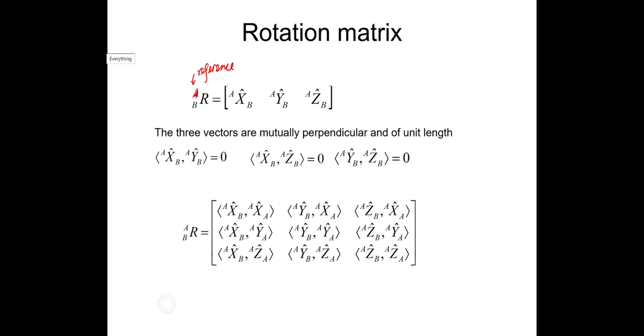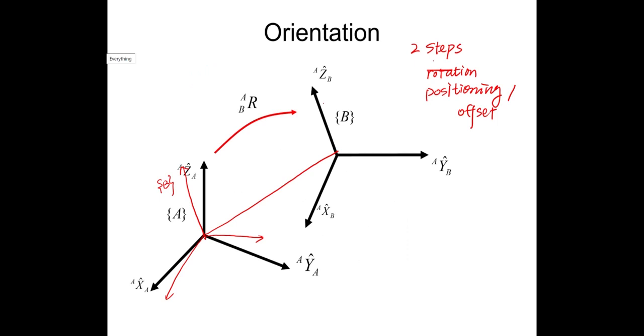Okay, so if we take a look at these two frames, let's see what the unit vectors of B are.